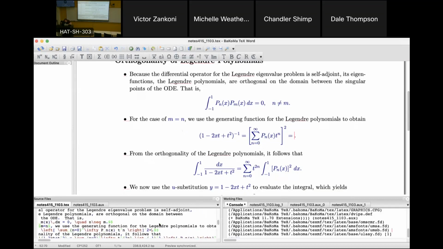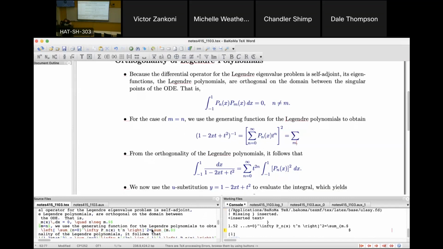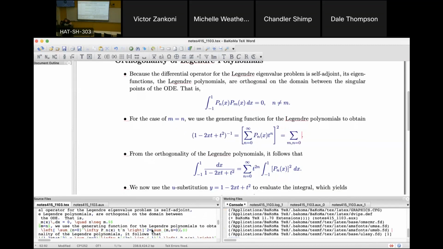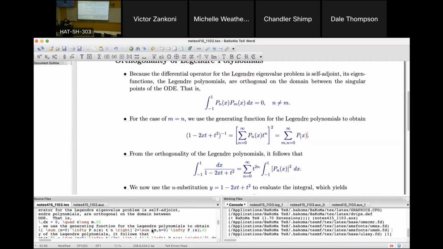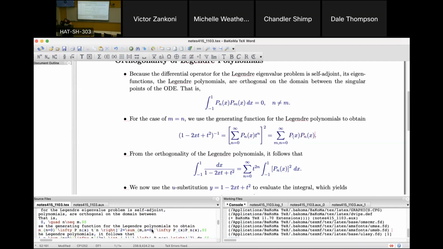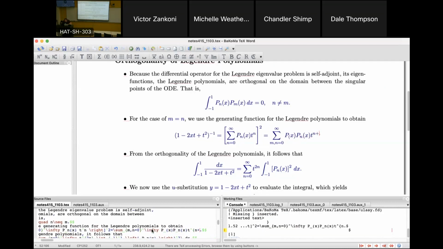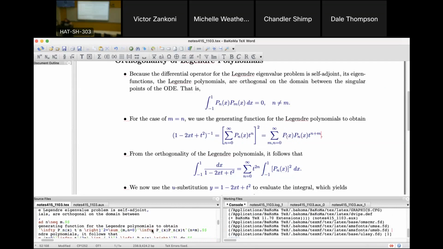That would be equal to the sum for m and n going from 0 to infinity of P_m of x, P_n of x, t to the n plus m power.